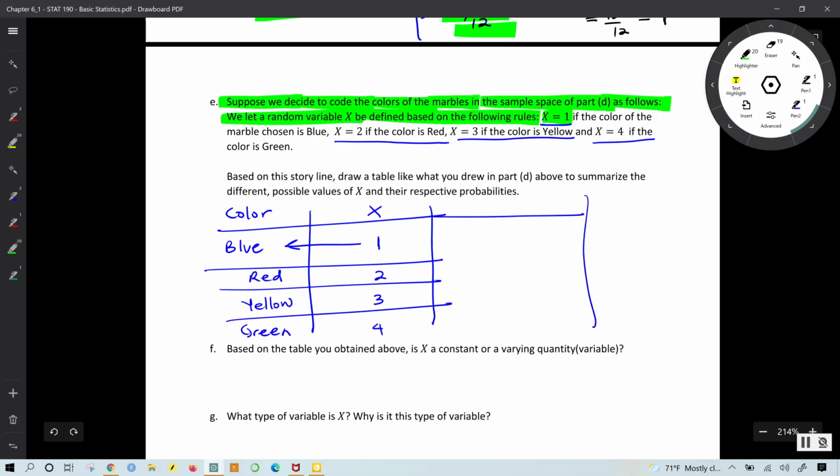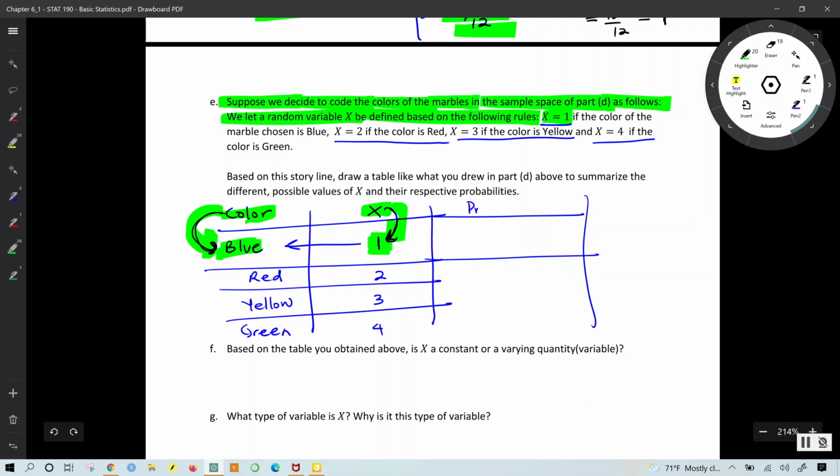Take note that when x is equal to 1, the color is blue. And if the probability that the color is blue is 6 out of 12, it is the same as the probability that x is equal to 1. Because when color is blue, x is equal to 1. So the likelihood that the color will be blue is the same likelihood that x would be 1.